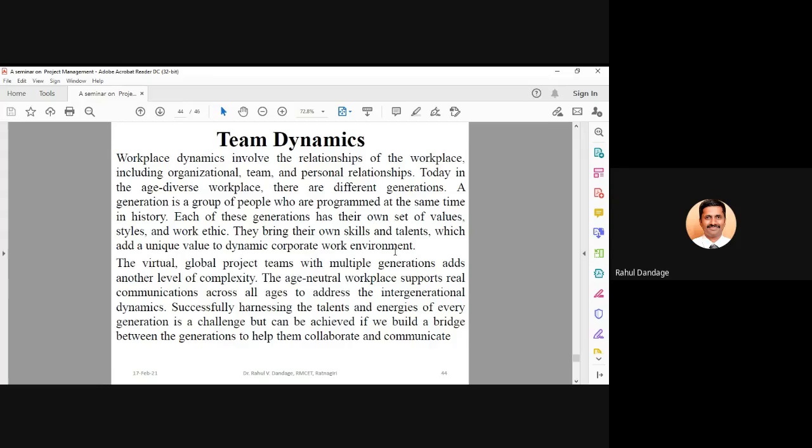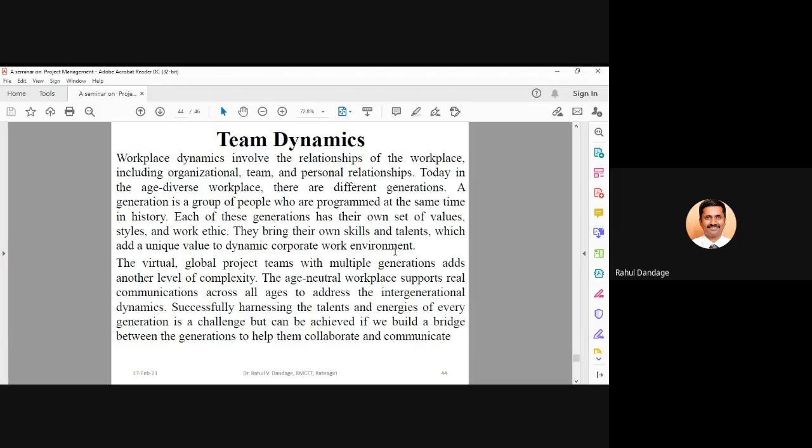The age-neutral workplace supports real communication across all ages to address the intergenerational dynamics. So what we have to practice, irrespective of whether there are generation gaps or not, is an age-neutral workplace, so that everybody is treated the same, and communication across all ages is similar, so that the intergenerational dynamics are addressed.